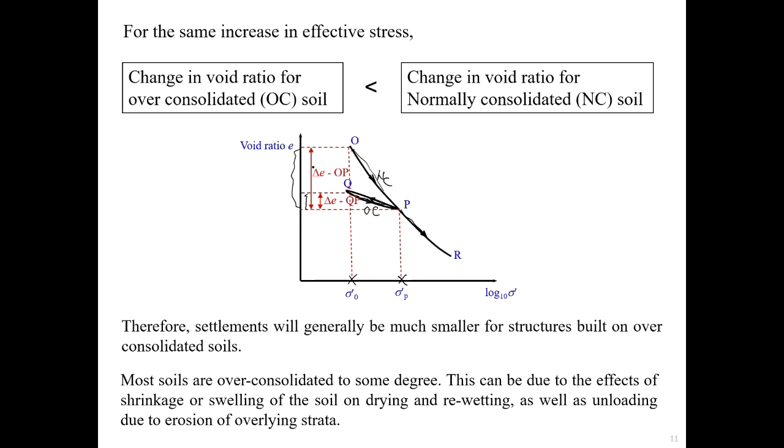Actually in the field, a majority of soils are over-consolidated, which is a good thing, because this is due to the shrinkage or swelling of the soil from draining and rewetting. Also, any erosion of the overlying strata will cause unloading and create over-consolidated soil.